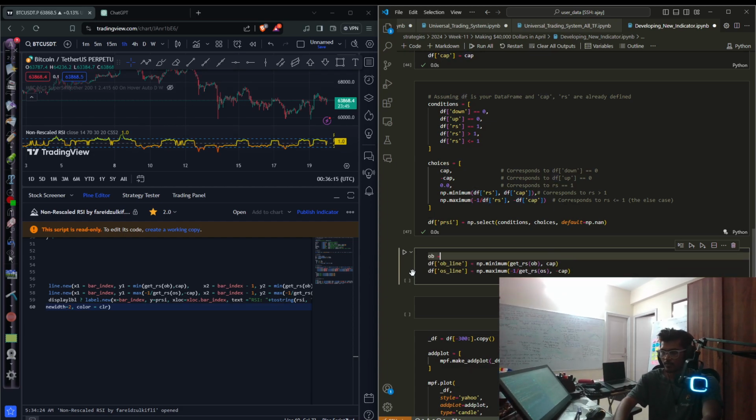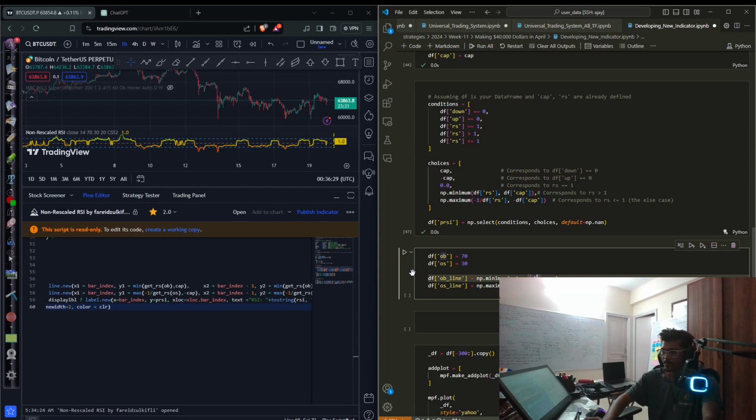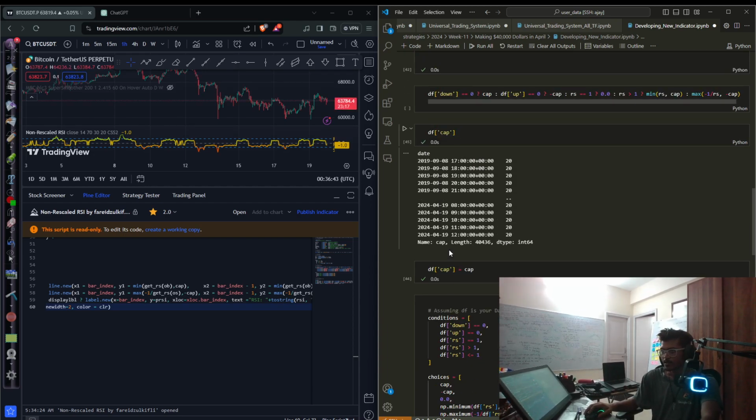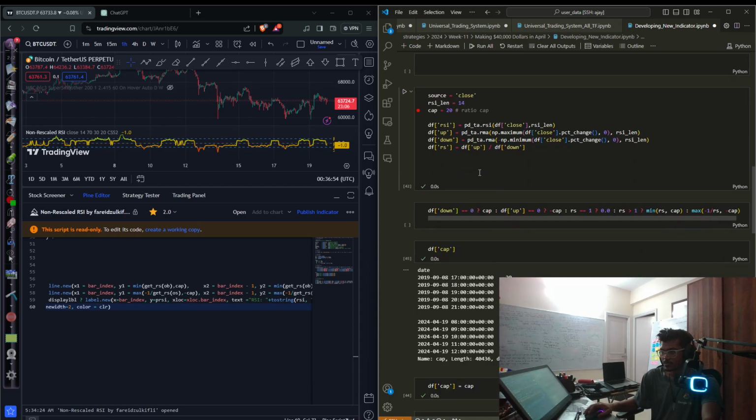So you all know the overbought line is 70. Overbought is 70, oversold is 30. So here we say overbought, here we say oversold. Get RS returns the value.